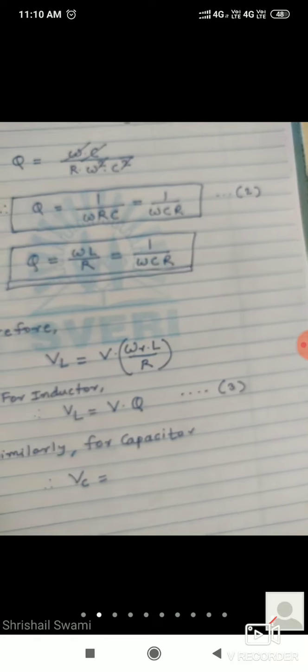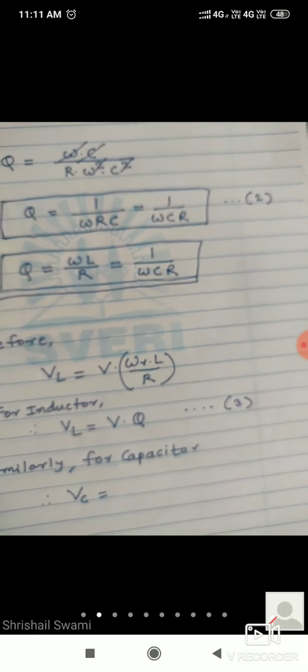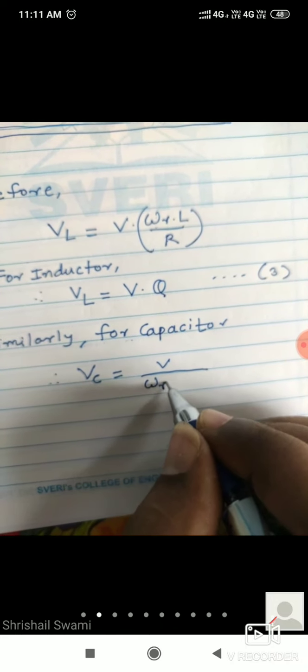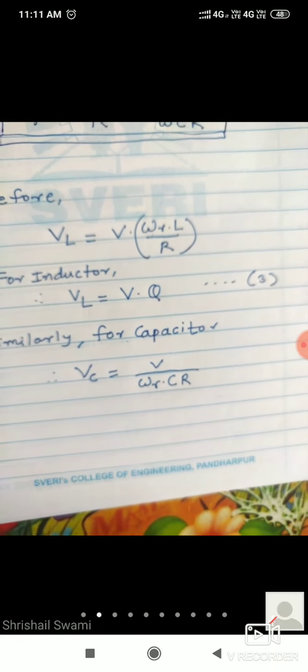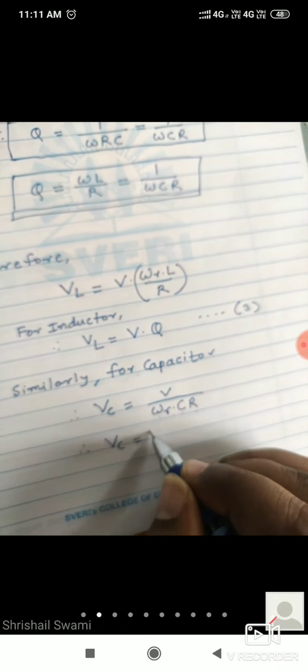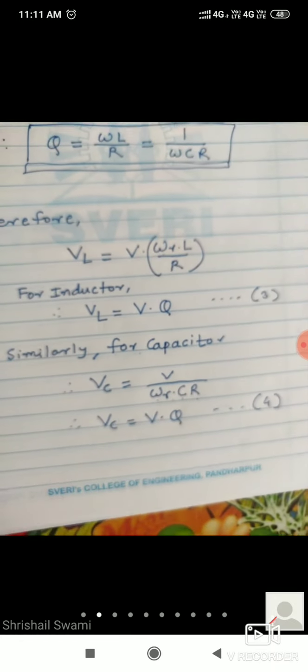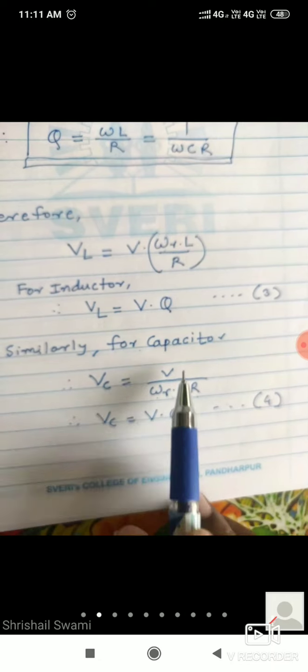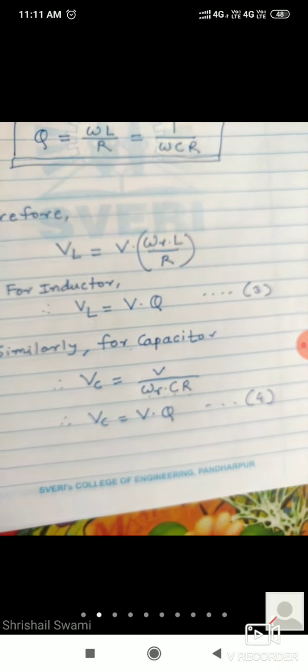I will write it in a different manner: VC is equal to V into 1 upon omega R into C into R. If you compare with this one, this 1 upon omega R C R is replaced by Q again. So VC is equal to V into Q. That is equation number 4, where Q is 1 upon omega R into C into R.